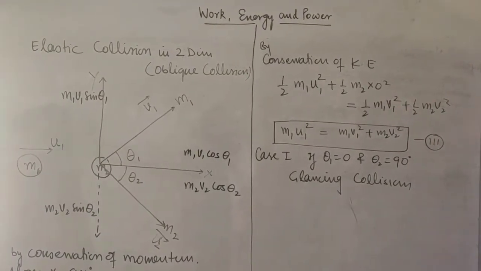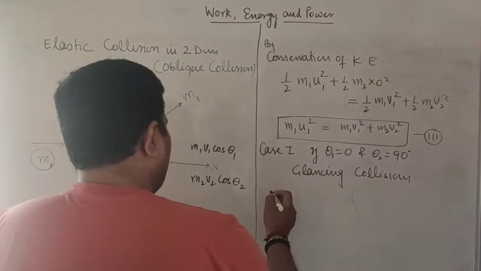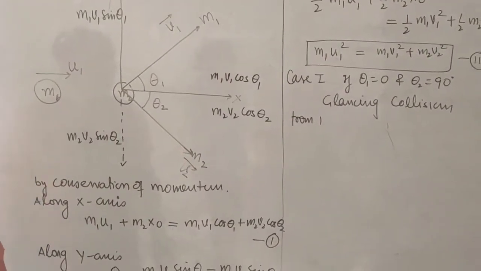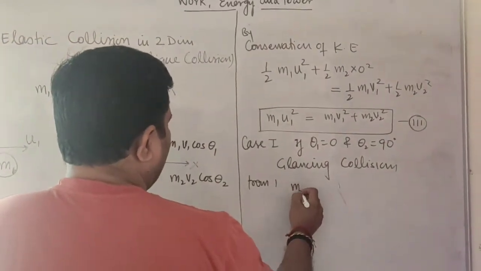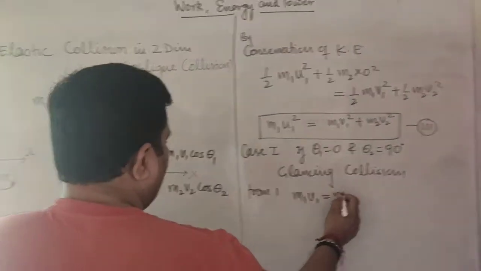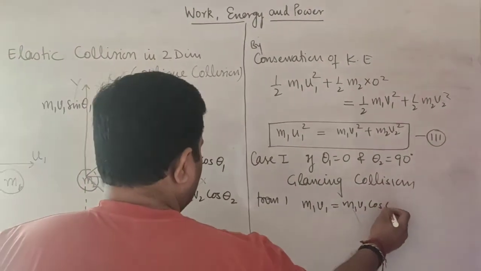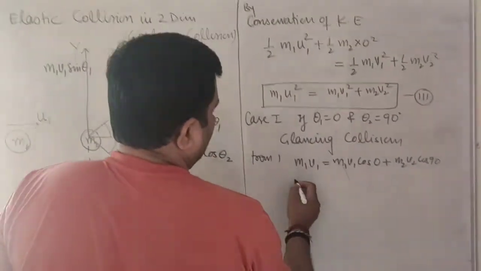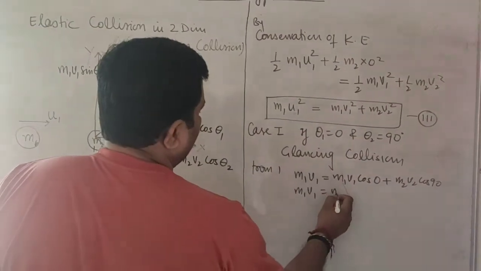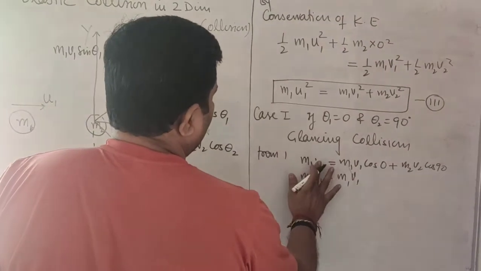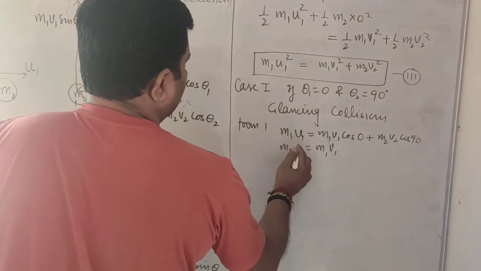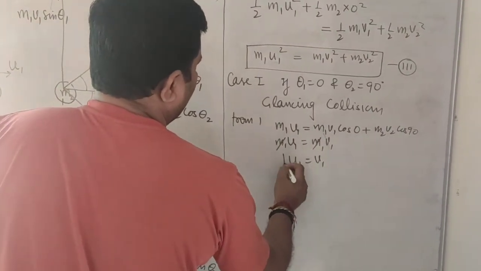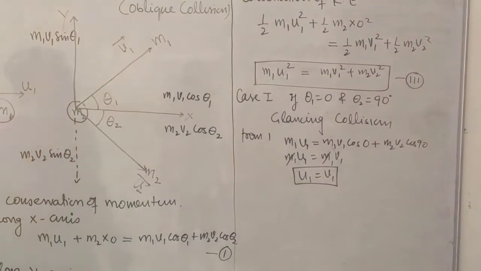From equation 1, if I put the value, cos theta 1 is cos 0, so you are getting m1 u1 is equal to m1 v1 cos 0 plus m2 v2 cos 90. Cos 90 is 0. So you are left with m1 v1 is equal to m1 u1. So m1 and m1 cancel out, you will get u1 equal to v1. That is, final velocity is equal to initial velocity of the object.